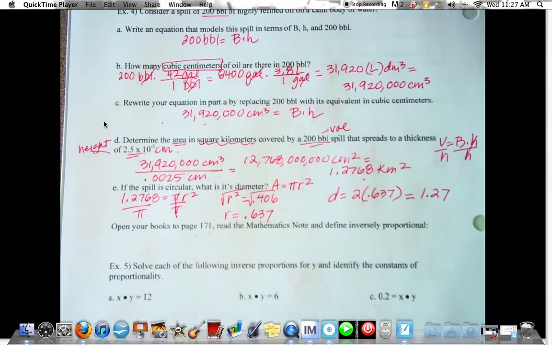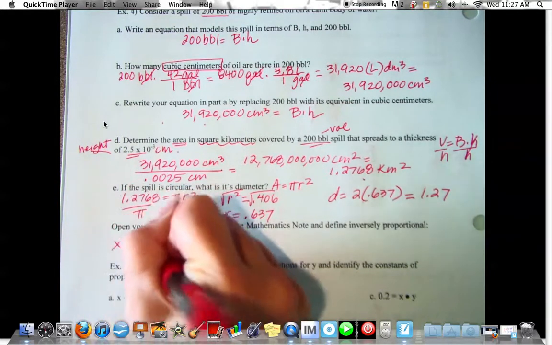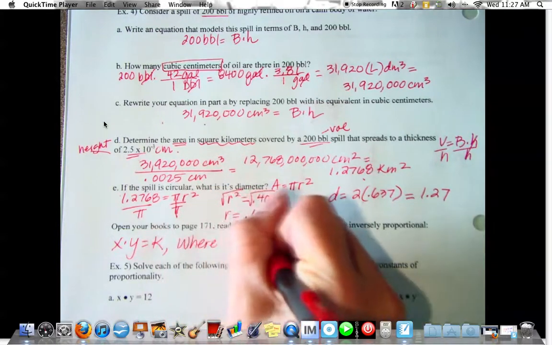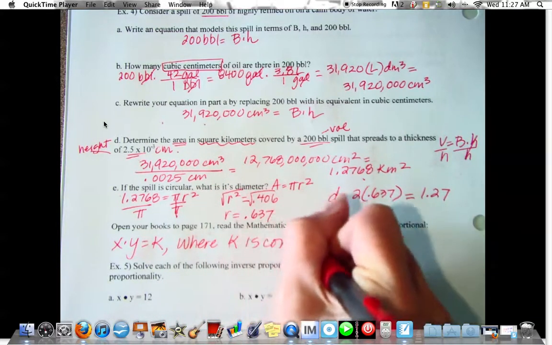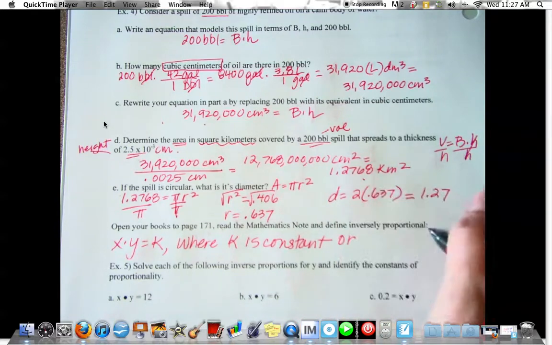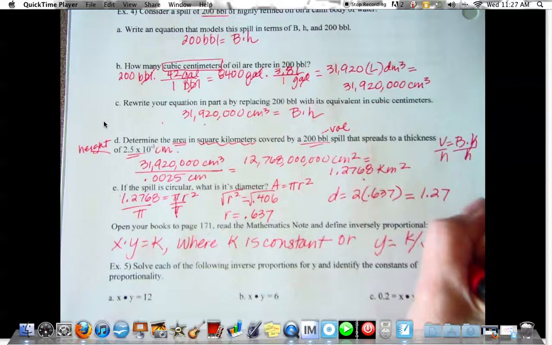All right, on page 171, you read the math out yesterday. It told us that x times y equals k, where k is the constant, or y equals k divided by x.